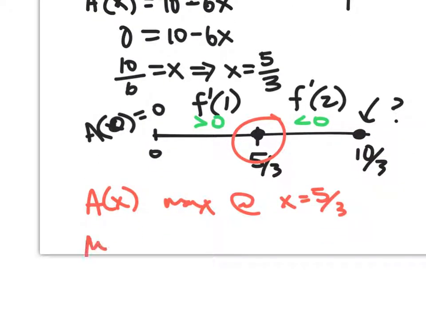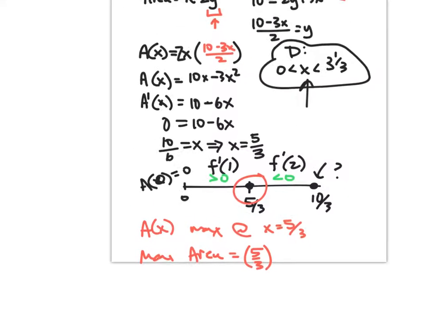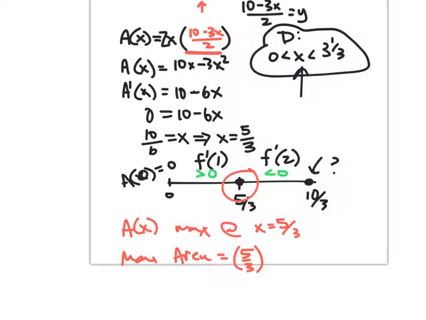So that max area would equal x, which is 5/3, times 2y, which of course we determined was 10 minus 3x, so we would go 10 minus 3x over 2.